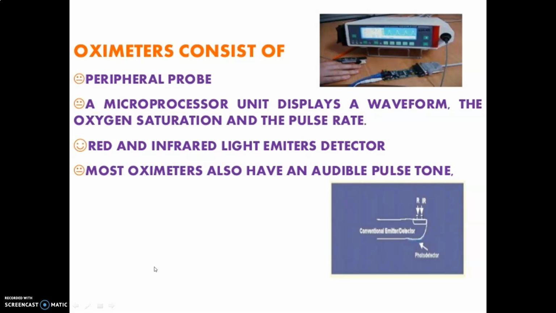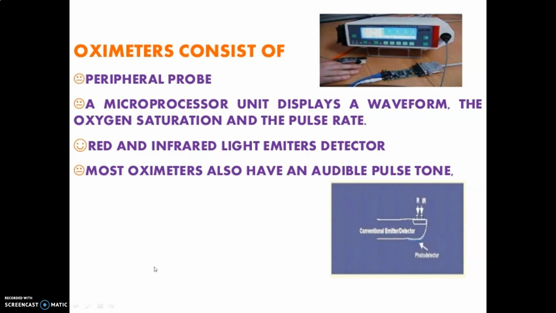And even a portable pulse oximeter is available without wire and without microprocessor unit, which we can connect on the peripheral area, the fingers, or the other parts which we will discuss later.